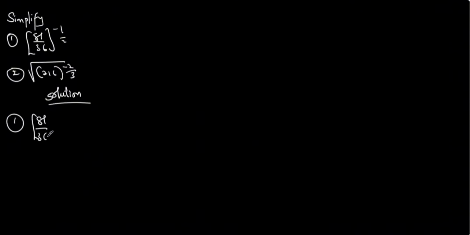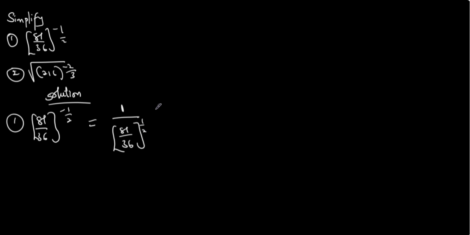(81 over 36) raised to power minus 1 over 2. Already, according to negative index law, the negative becomes the reciprocal, 1 over 81 over 36, now raised to power positive 1 over 2.